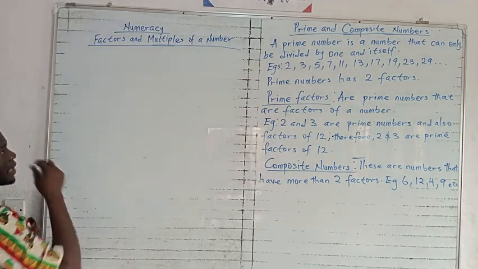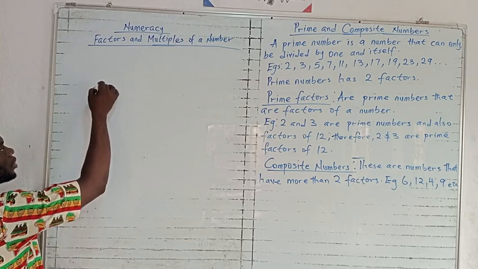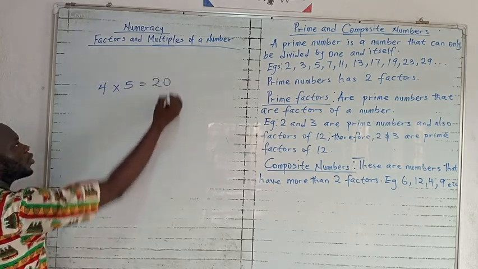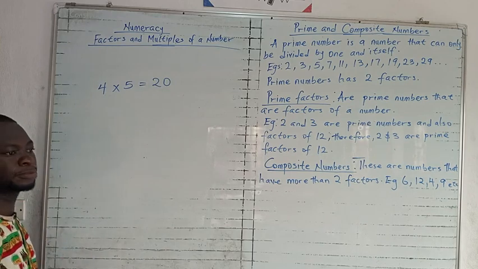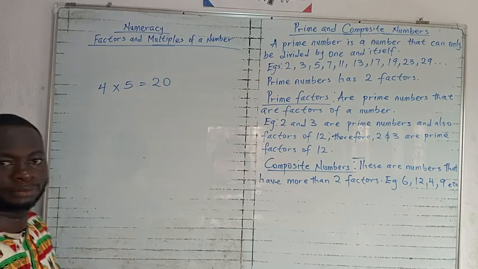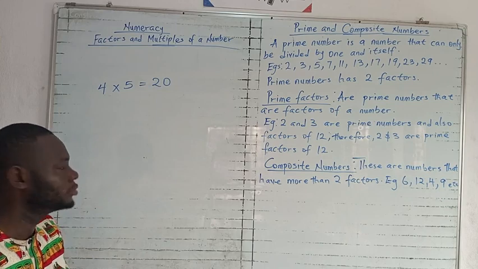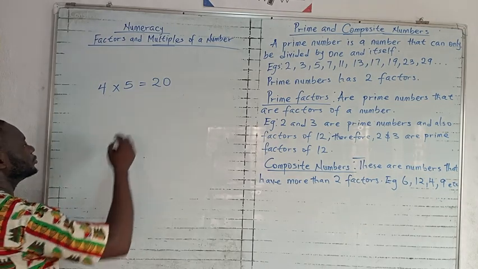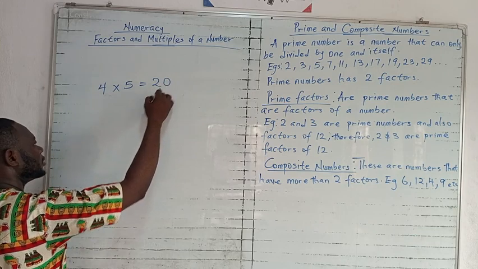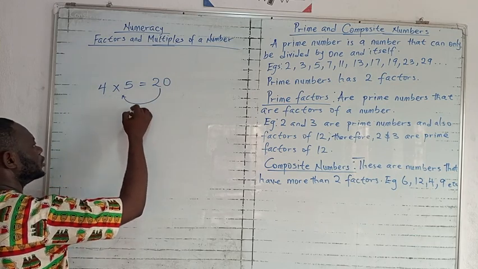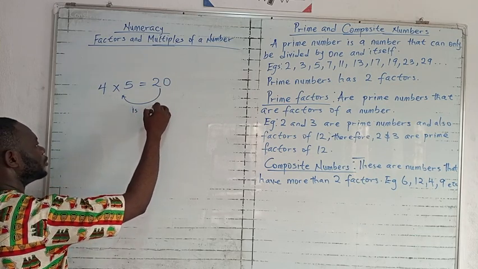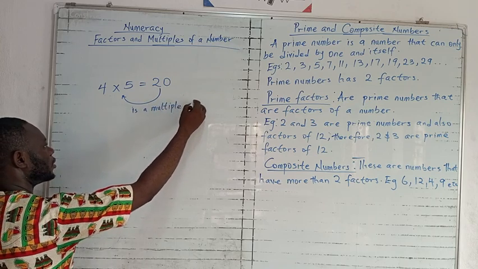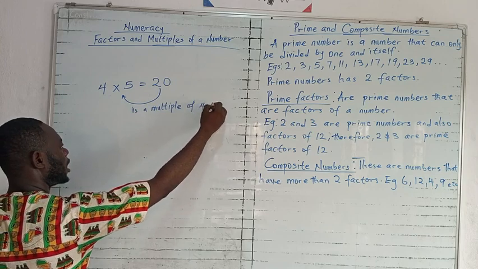Now, you notice that 4 times 5 equals 20. Is it not? 4 times 5 is 20, right? Now, 20 is a multiple of 4 and 5.